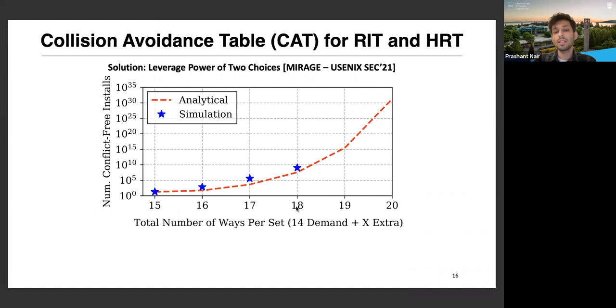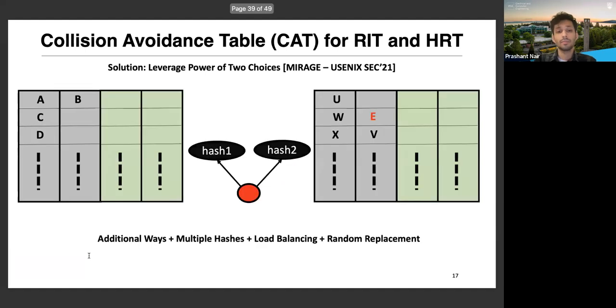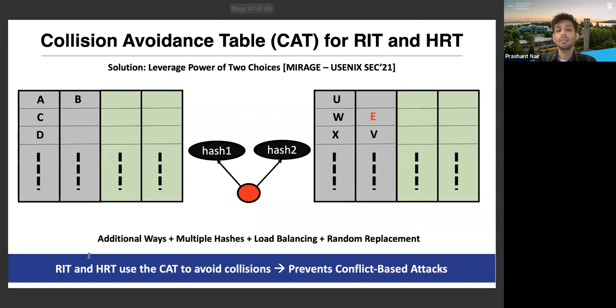As you notice, adding just 6 extra ways enables us to get 10 to the power 30 conflict-free installs. Hence, by using multiple ways, multiple hashes, load balancing and random replacement, we were able to avoid certain security pitfalls in tracking and enable randomized RowSwap to have strong and secure tracking.